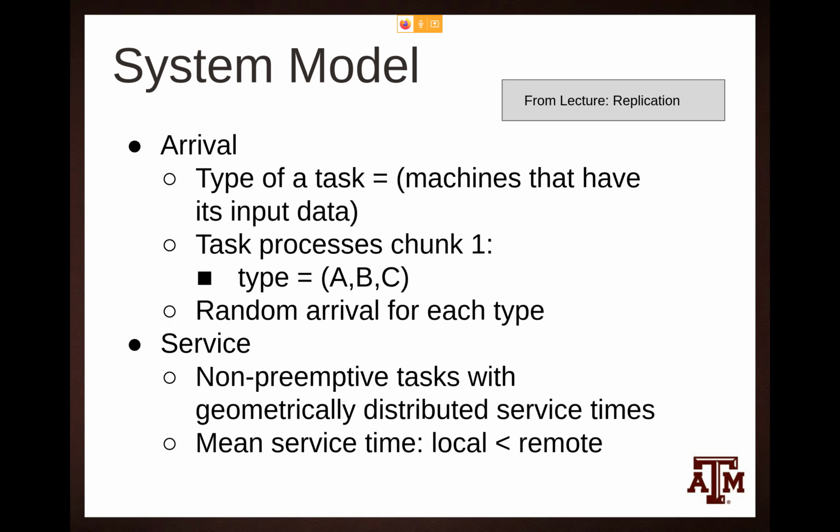At each machine, the service times of tasks follow a geometric distribution, and the tasks are non-preemptive. We assume the average service time of local tasks is less than that of remote tasks.